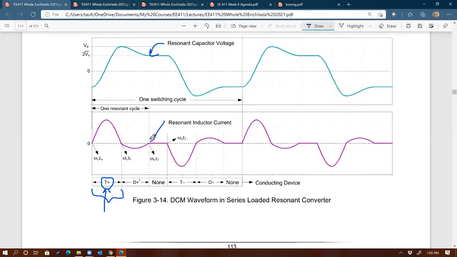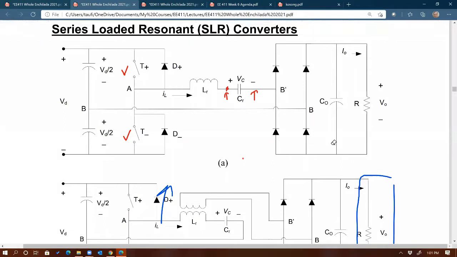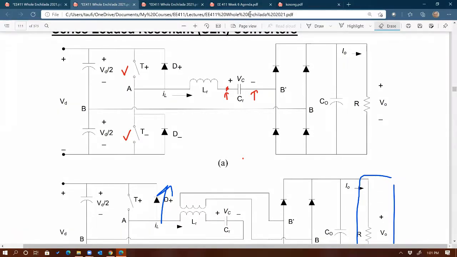T minus is not turned on. Therefore, if T plus is open and T minus is open, what do you think the voltage is across T plus and T minus? Anybody? If there is no current in the circuit. So VD over 2? VD over 2, yes.